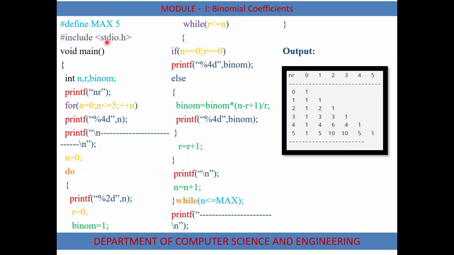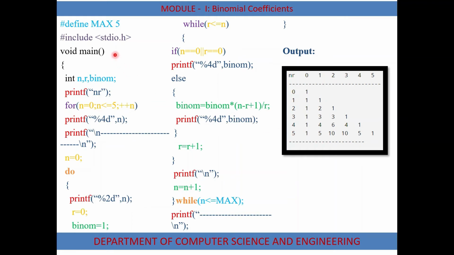Next, we are finding the binomial coefficient for n equal to 5, that is 0, 1, 2, 3, 4, 5, till 5.